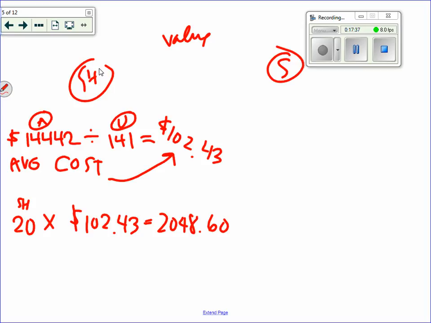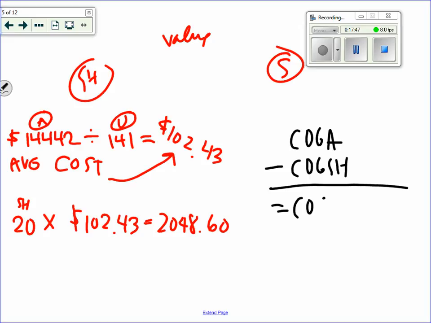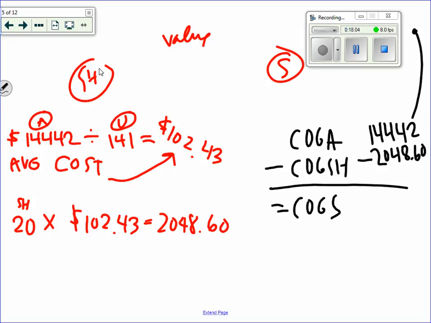Then you roll onto this side where it's cost of goods available minus cost of goods still here equals cost of goods sold. These numbers are already waiting for you. You just got to plug them in. So then remember, you take that 14,442 minus the cost of what's still here, to equal 12,393.40.